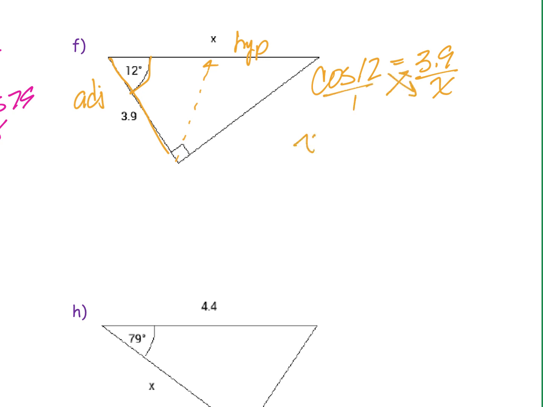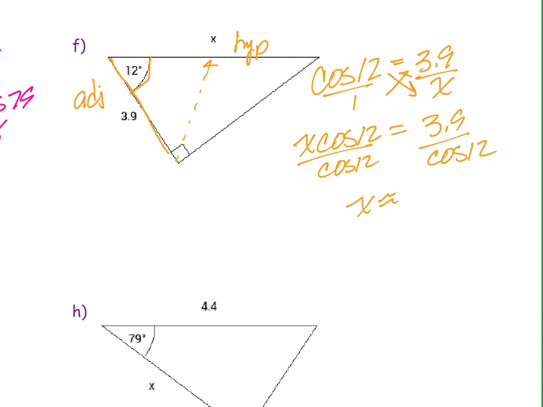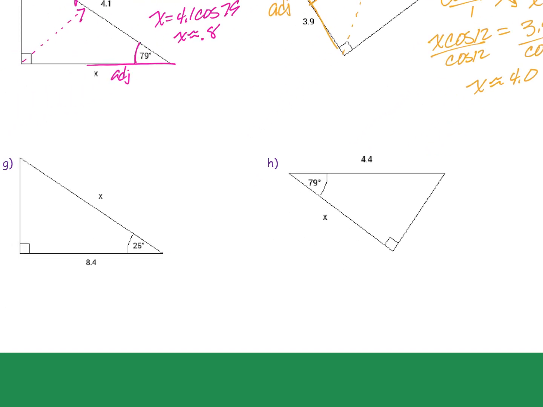So I've got x cosine of 12 equals 3.9. Divide by cosine of 12. And x is approximately 4.0. F? Yes. We're still good? Yeah, I got it.